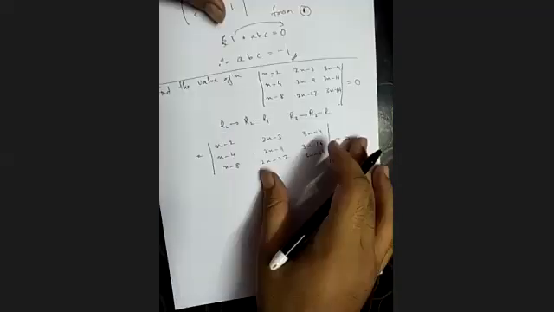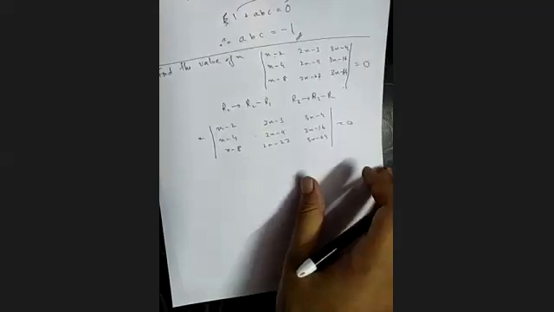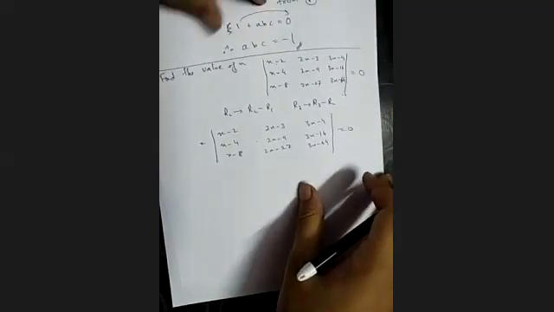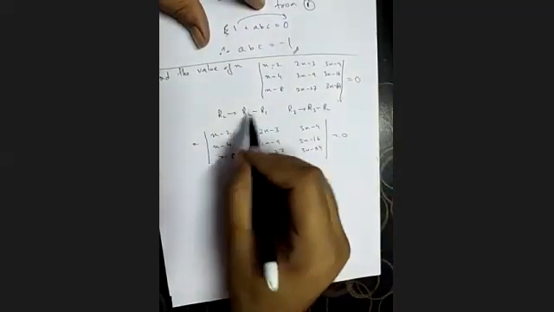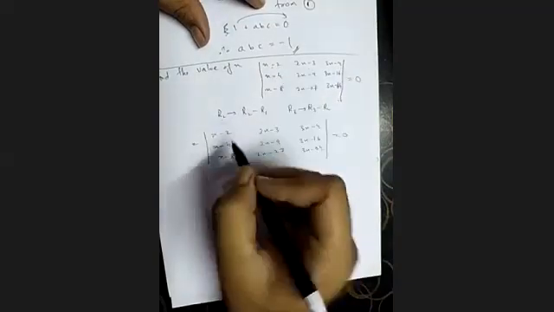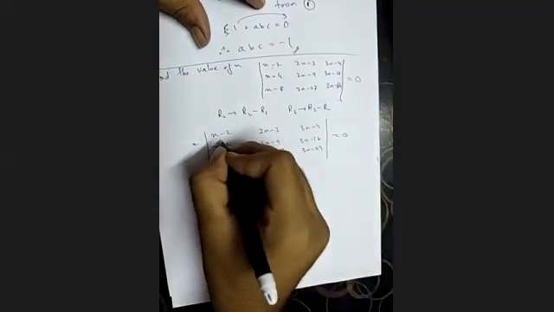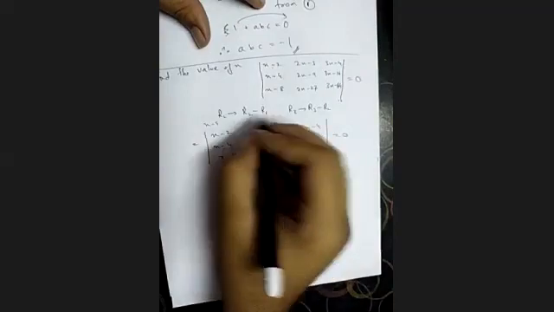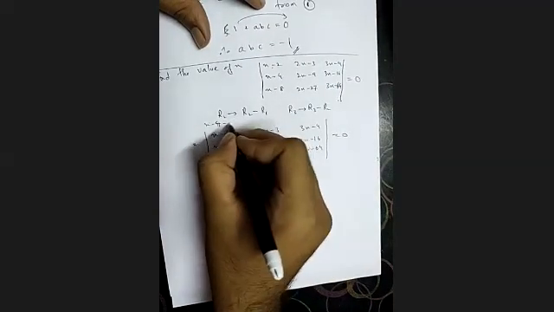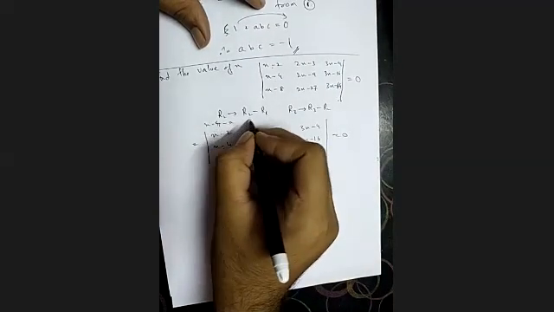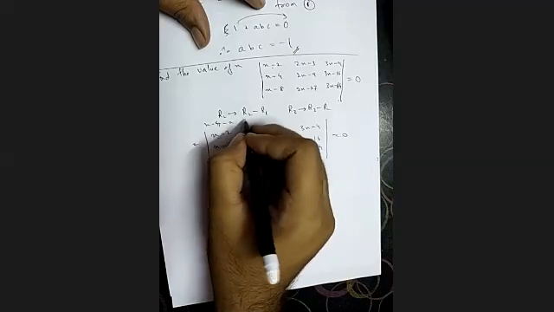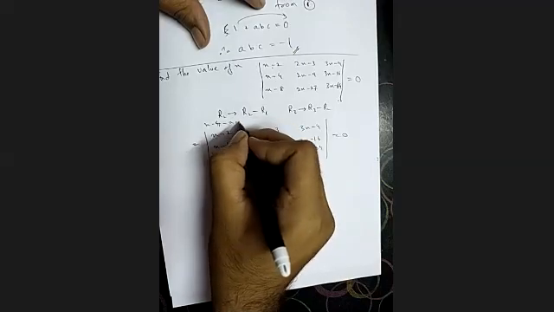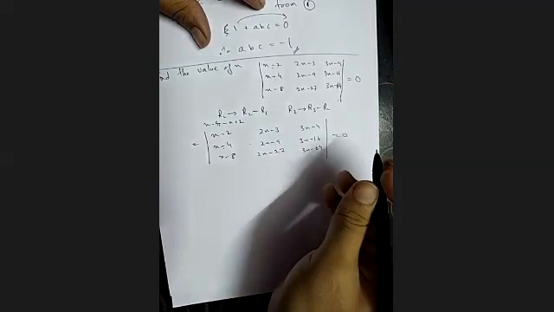We know that this is equal to 0. So R2 minus R1: R2 is x minus 4, R1 is minus 6 plus 2.